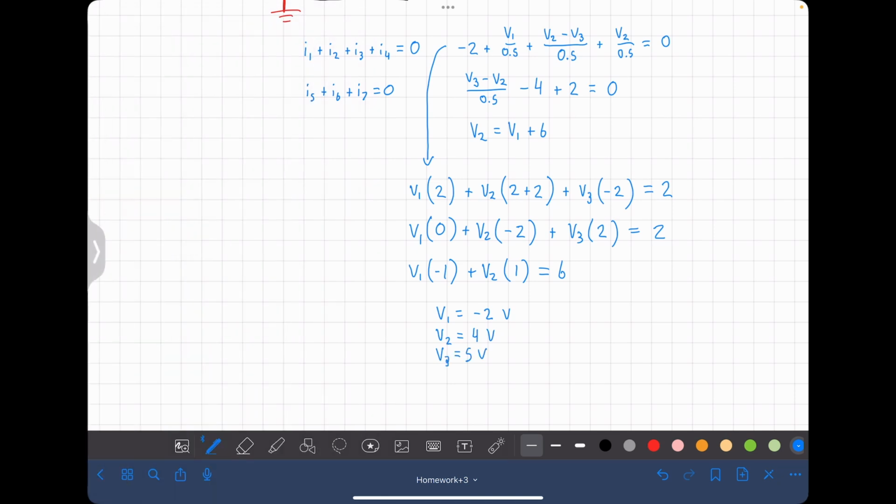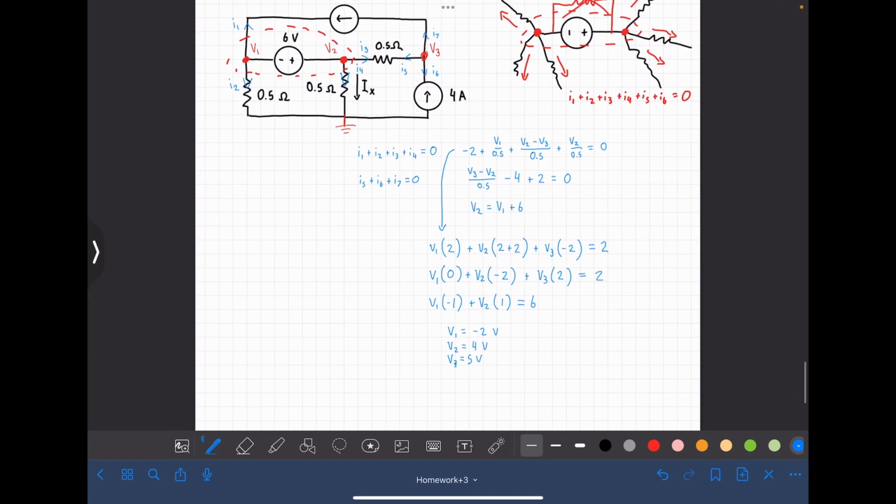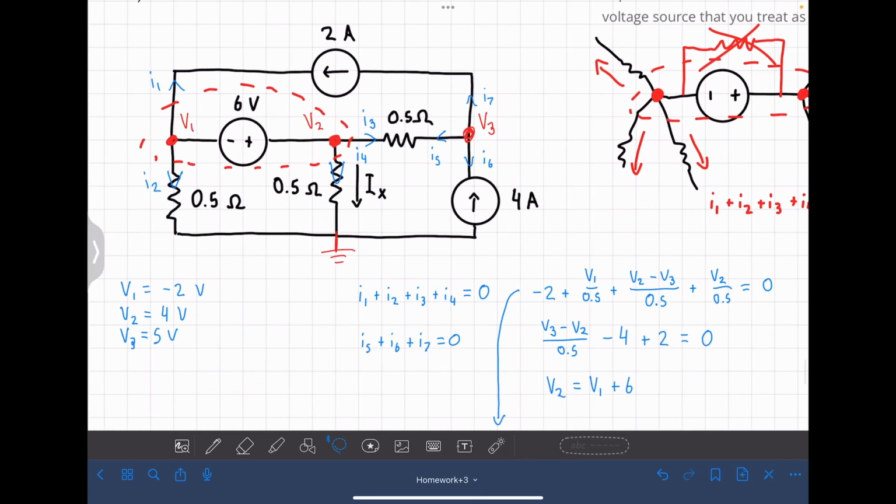This is actually more information than we needed, because all we're doing is solving for Ix up here. So let's bring these up to where we need them. And we will see that Ix is equal to the voltage drop across this resistor, which is V2 minus 0, so V2 divided by the resistance.